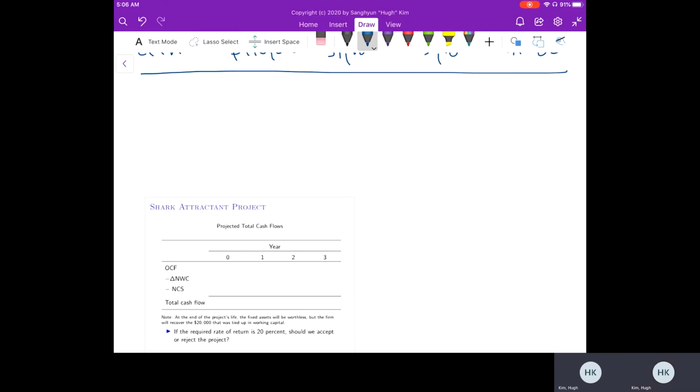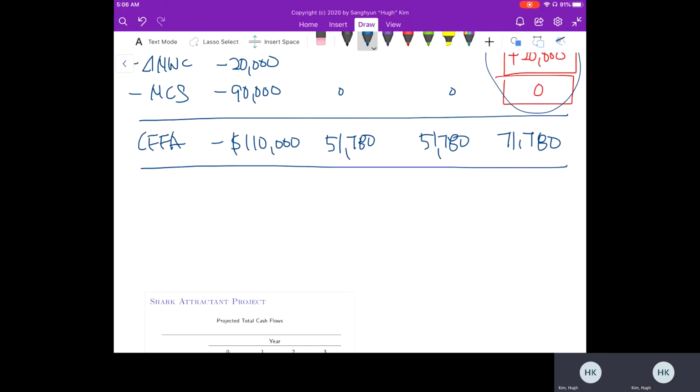And if the required rate of return is 20%, should we accept the project or should we reject the project? Well, we can answer this question by computing the NPV.